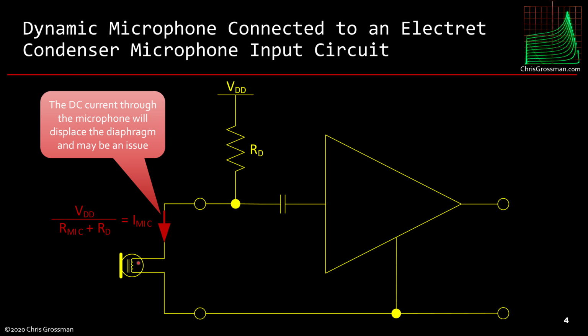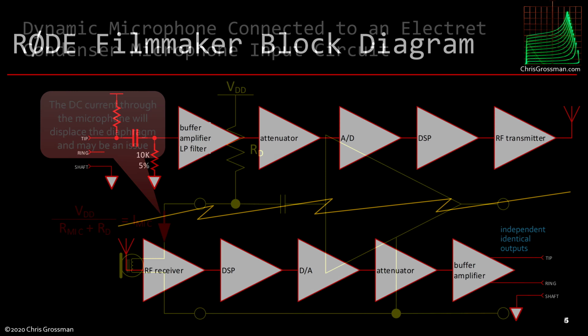That may or may not be a problem depending on the design of the microphone, but it's not a desirable situation. The other issue is that the output of dynamic mics tends to be slightly lower than that of an Electret mic.